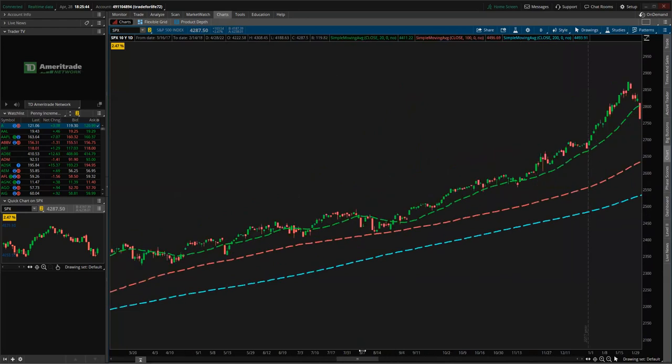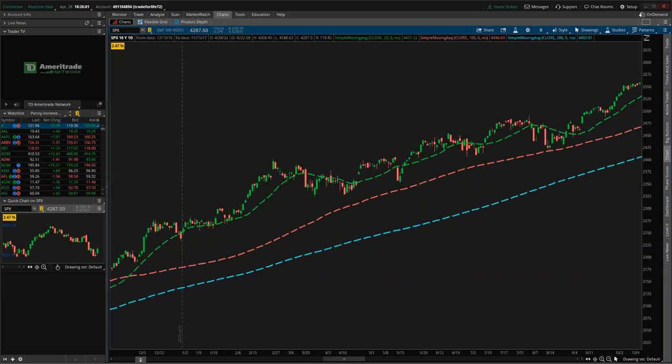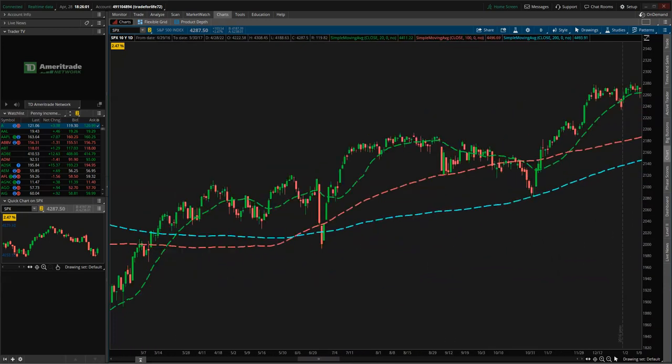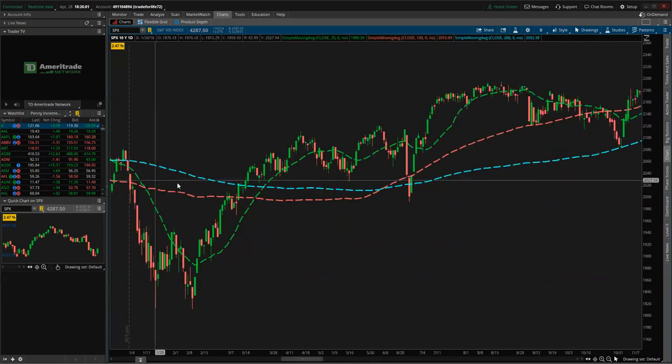Here, we can see what the moving average can tell us. One, it can tell us the momentum of the price at that given period of time. It would tell us that for sure. If we look here, you can see the moving averages cross, but they are very close to each other.